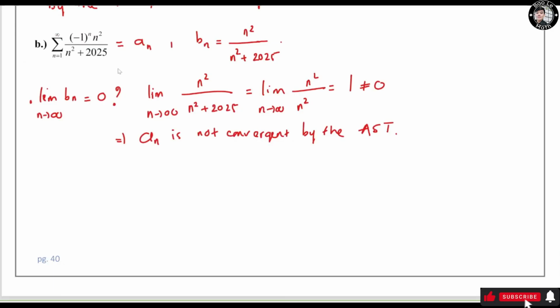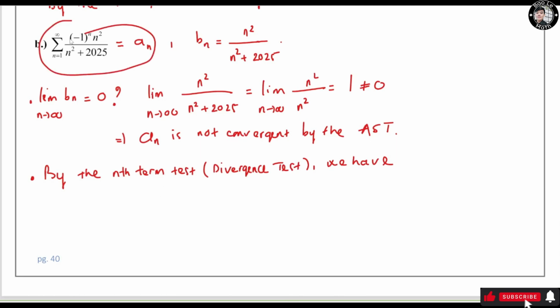So I look at this one, I can use the n-th term test. That's called the divergence test. We're going to take the limit of a sub n, so we have the limit of a sub n as n approaches infinity equals the limit of (-1) to the n times n squared over n squared plus 25 as n approaches infinity.